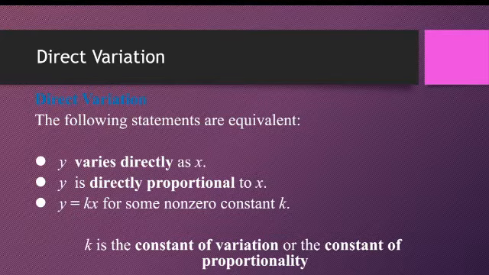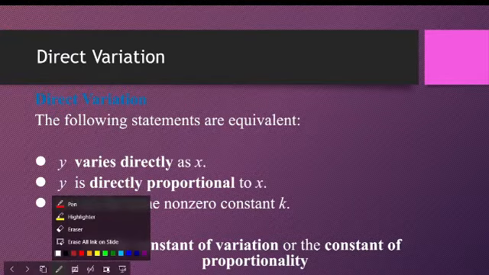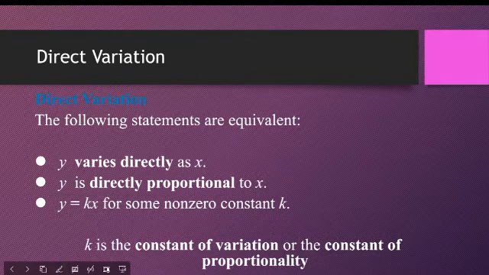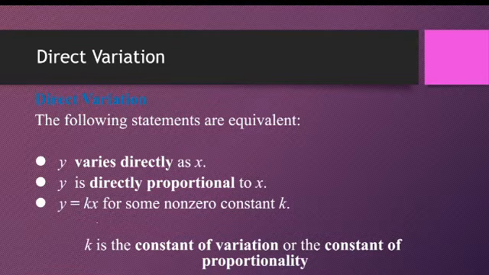And it can be represented as an equation given by y equal to kx for some non-zero constant k. So yung k natin dito will serve as our constant of variation or the constant of proportionality. So ginagamit natin yung variable k para doon sa ating constant of variation.